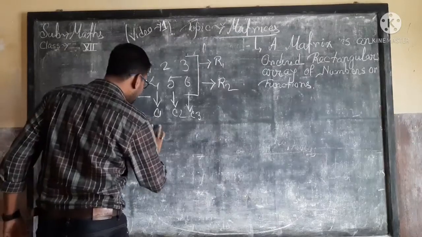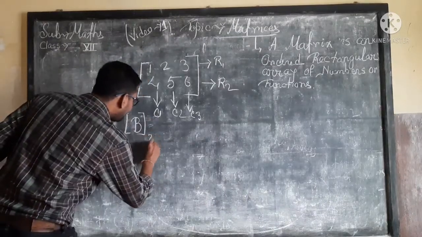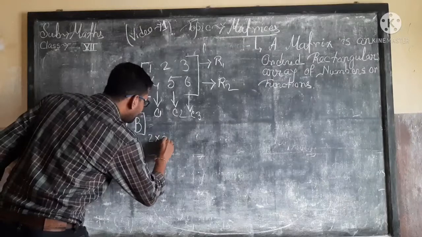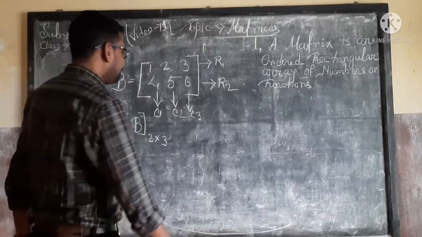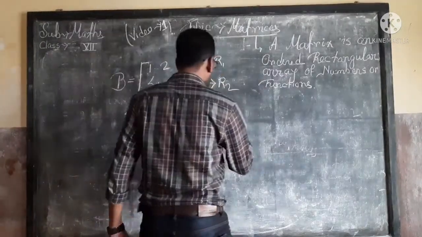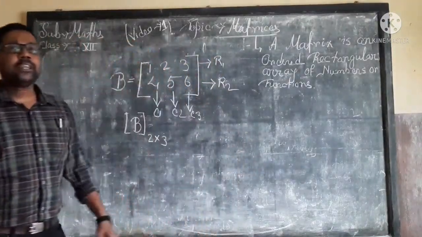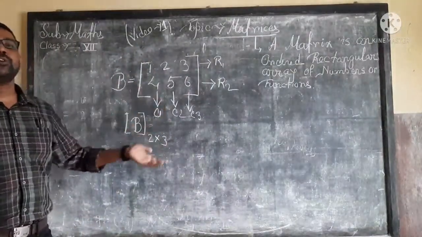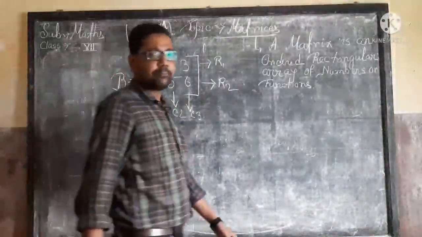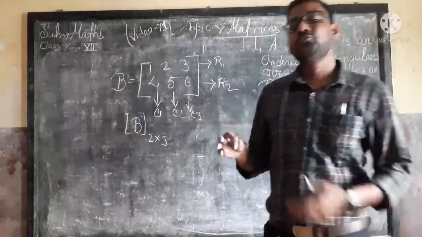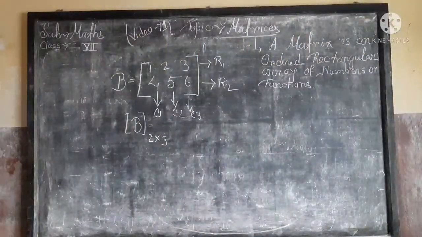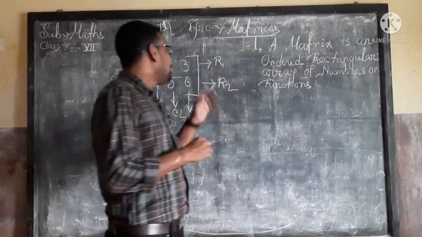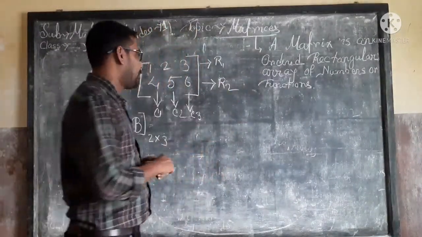The order of this B matrix is the total number of rows into the total number of columns: 2 cross 3 matrix. When the total number of rows and columns is given, on the basis of the order of any matrix, we can easily find the total number of elements present in the matrix.